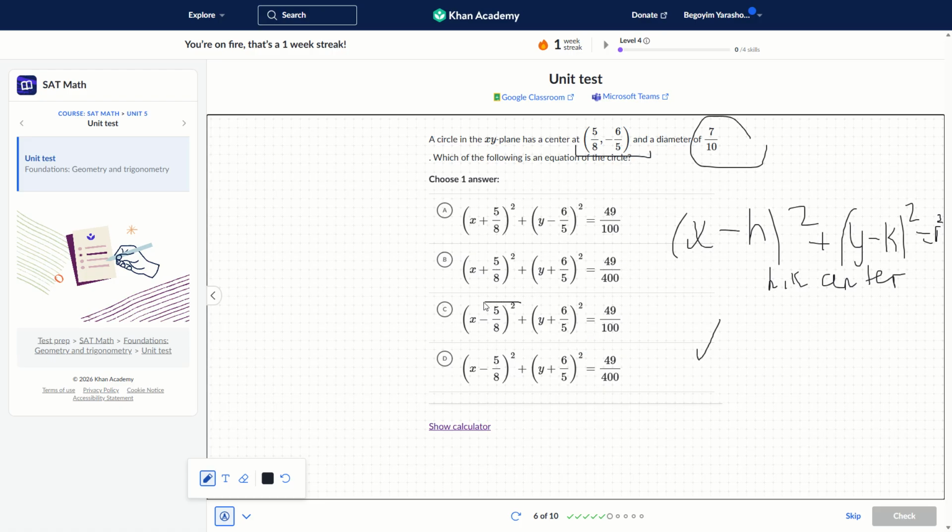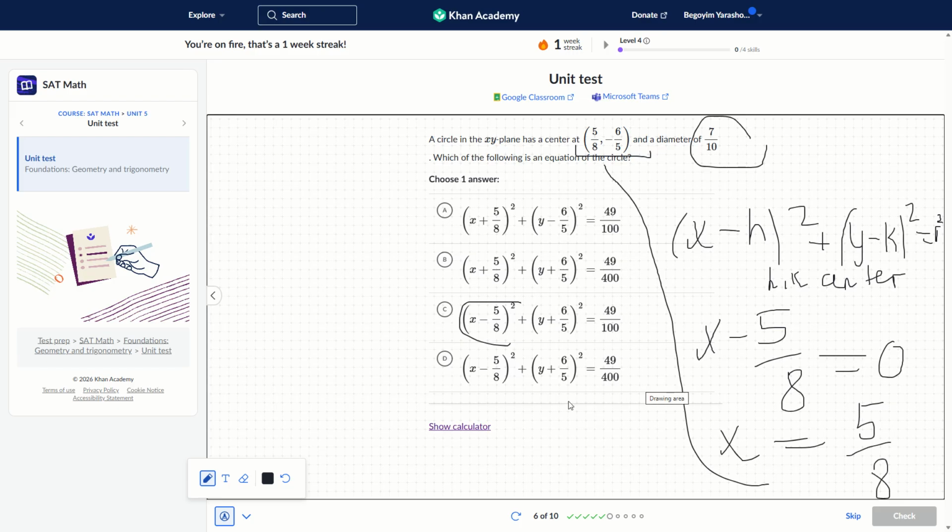If we make x equal to 0, for example, let's check C, we get 5 over 8, which is true according to this one. If we make y equal to 0, we get y equal to minus 6 over 5. Okay, the last thing that we need to check is the diameter.